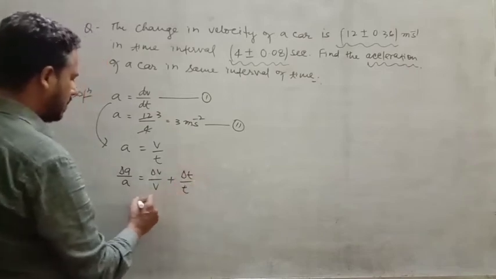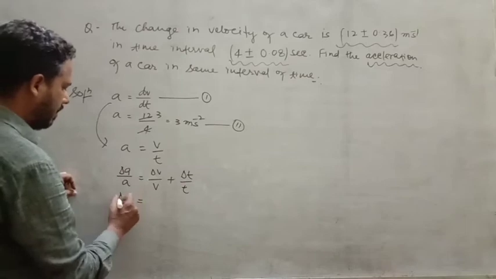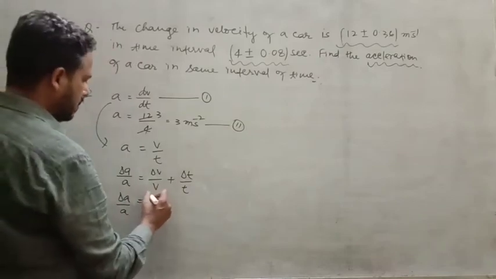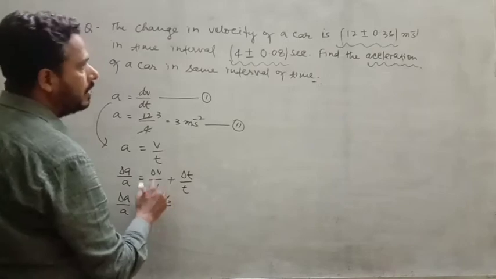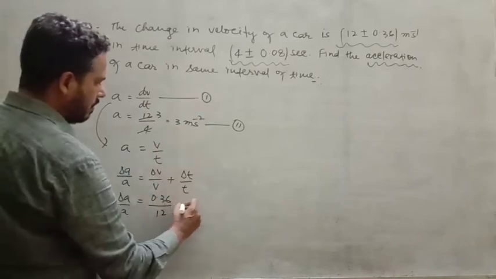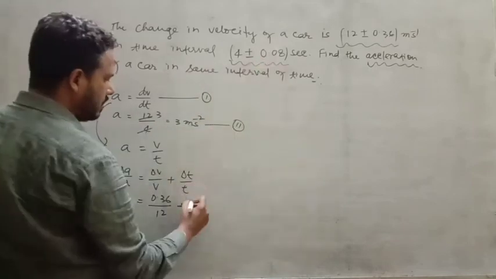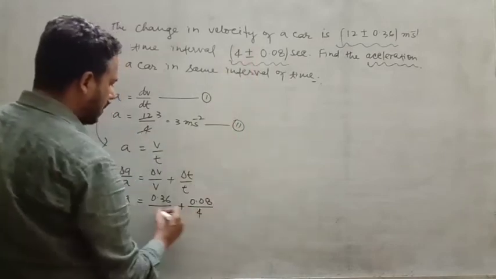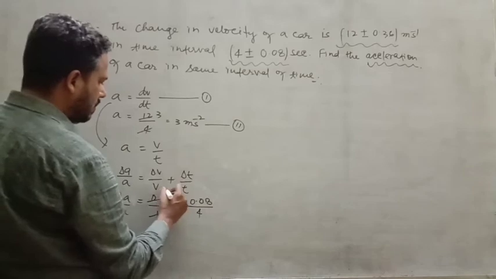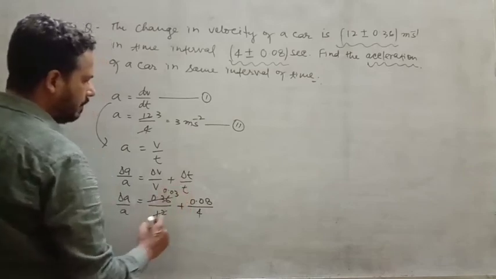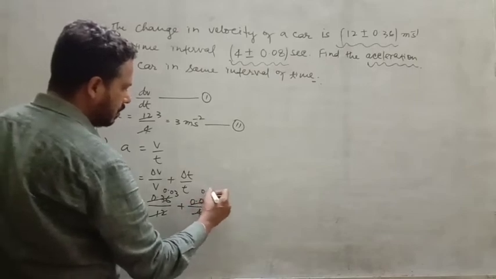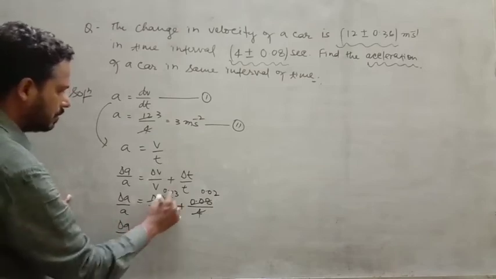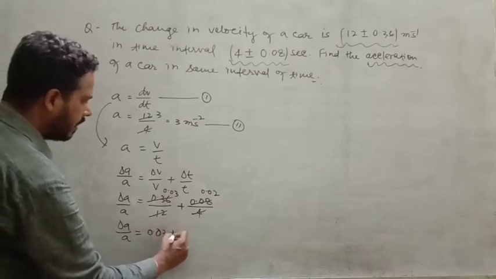Now put the values: delta v is 0.36 divided by v, which is 12, plus delta t, which is 0.08, divided by t, which is 4. Cancelling, you will get delta a by a is equal to 0.03 plus 0.02.